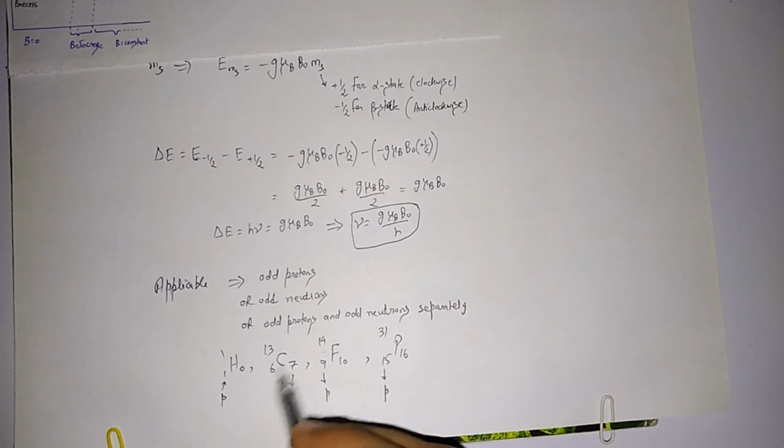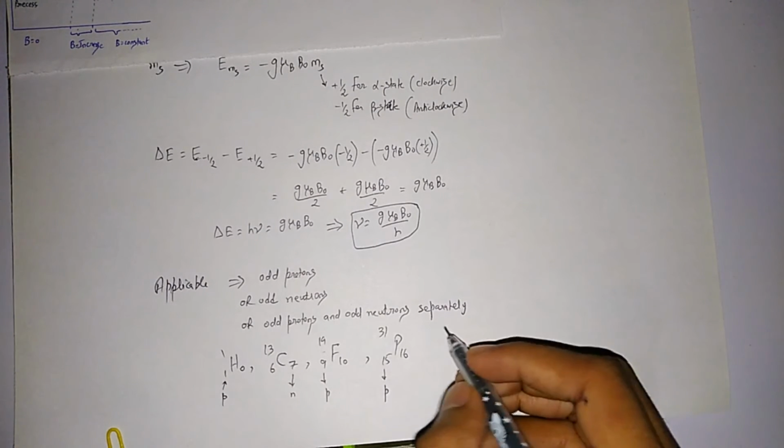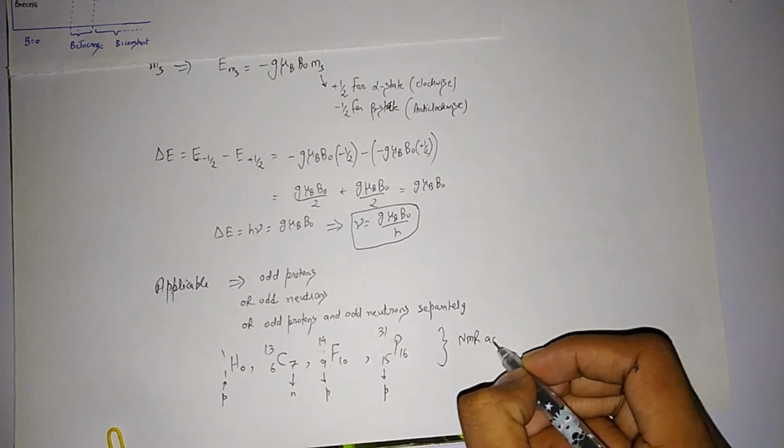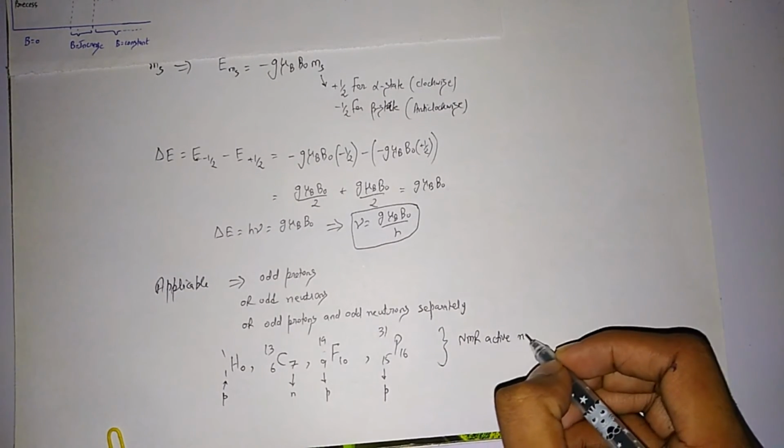So these nuclei have either an odd proton or an odd neutron. So these nuclei are NMR active nuclei.